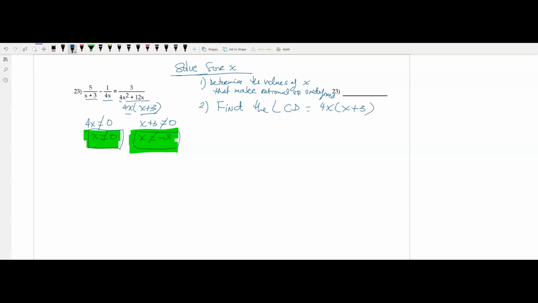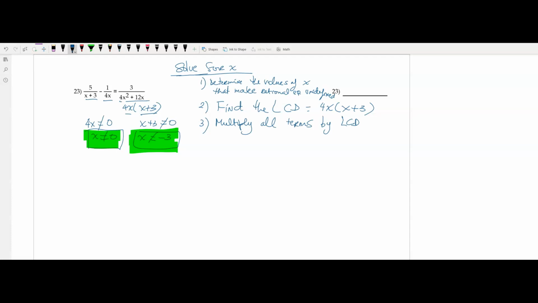Okay? Third, multiply all terms by the LCD, which is 4x times x plus 3. All right, so let me demonstrate. Let me rewrite the equation.